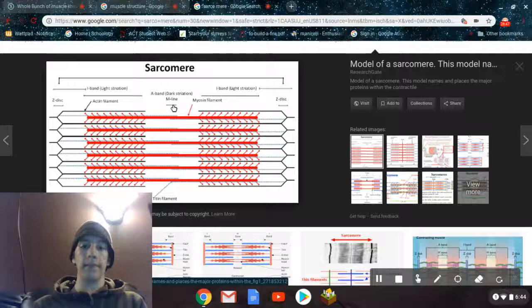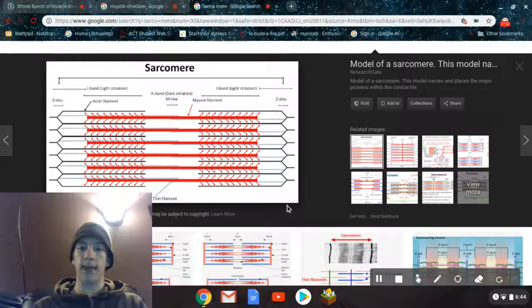The M line is down the middle of this A band, or all of these myosin filaments. That's down the middle is the M line. So Z disc is the actin line.